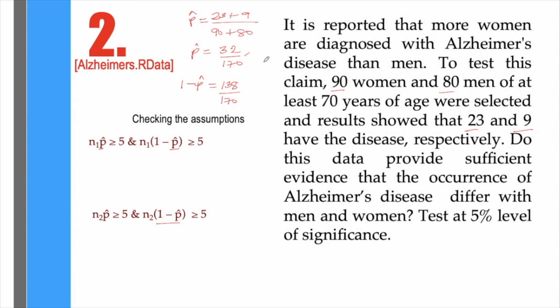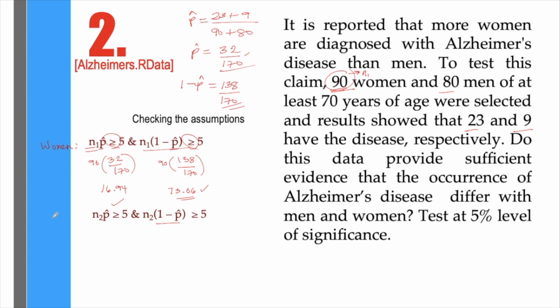Thus, checking for the assumptions, if n sub 1 represents the number of women, which in this case is 90, then n sub 1 times p hat gives us 16.94, which exceeds 5. And for the other one, n sub 1, so still 90, times 1 minus p hat, which is 138 over 170, gives us 73.06, which still exceeds 5.